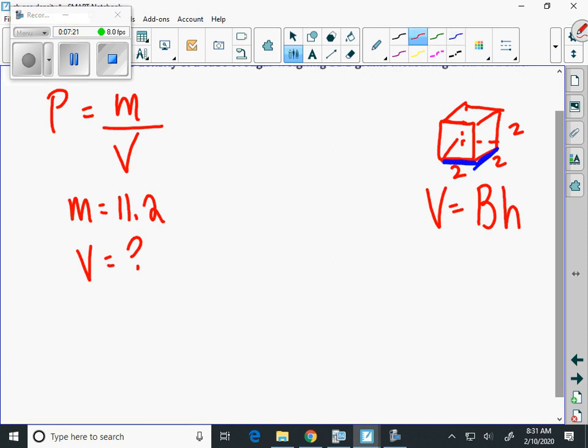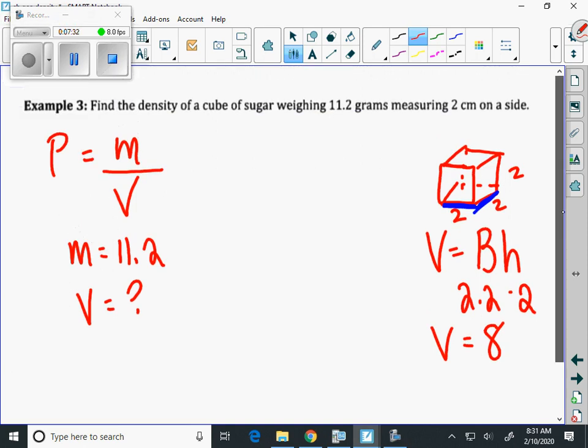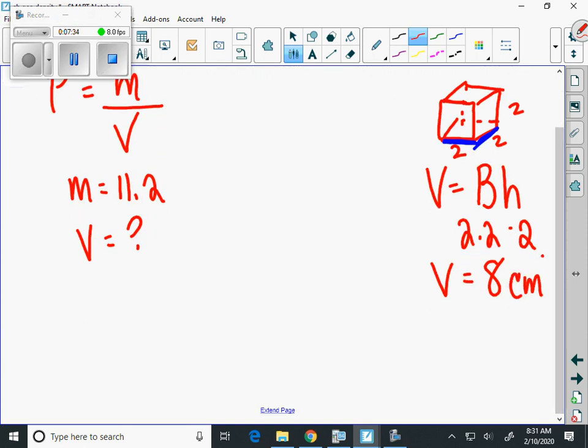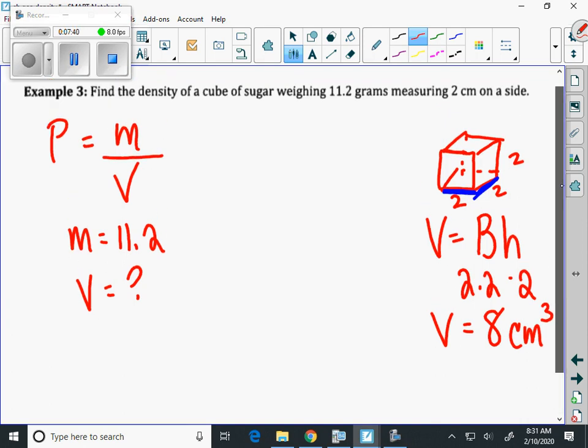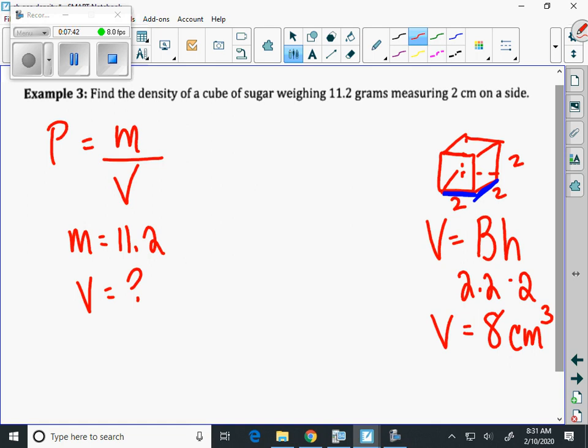That's the area of the base. And then our height of the cube is also 2. So our volume is going to be 8 cubic centimeters.